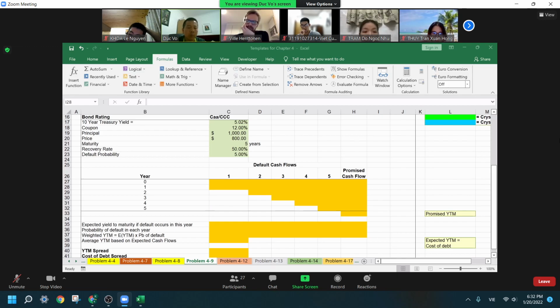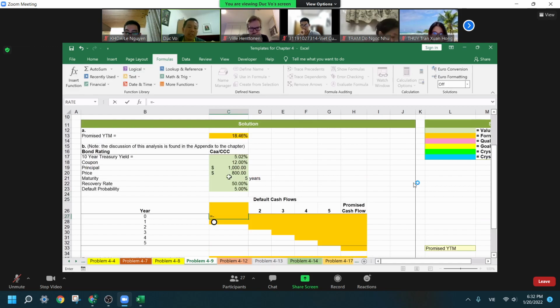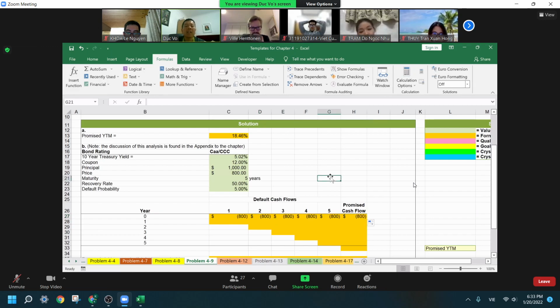Regardless of what happened, in year 0, what you can see is that if you want to have the bond, you need to pay 800. If you want to buy the bond, you need to pay 800.